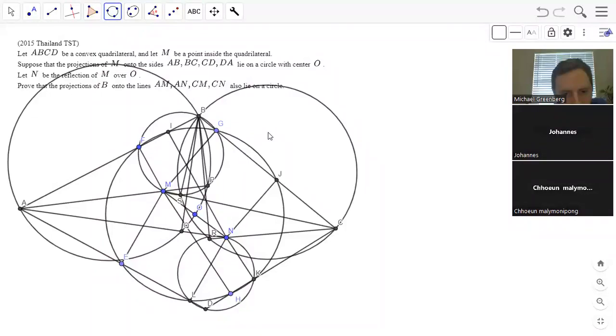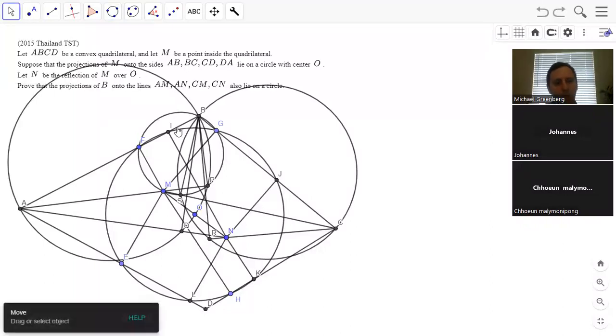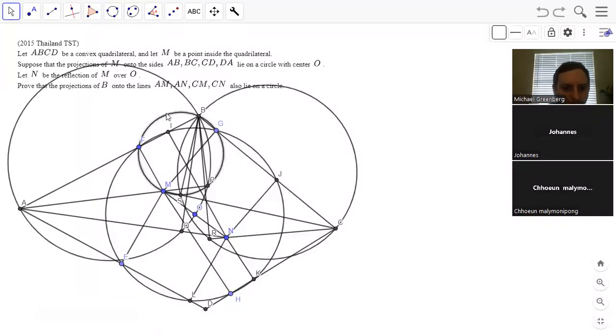Why do we have 6 points on this circle? There should be another circle that has 6 points, right? Sorry, on which circle? So this circle right here has 6 points on it, right?